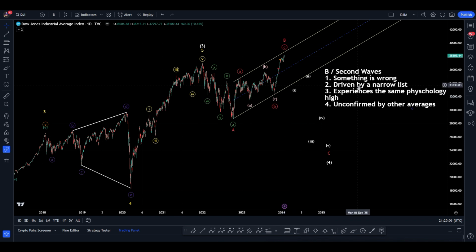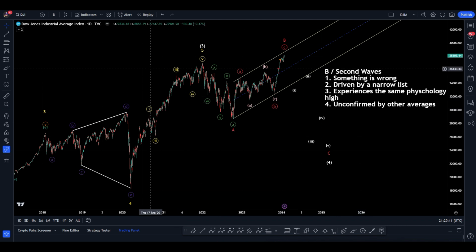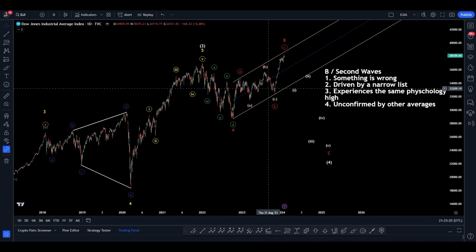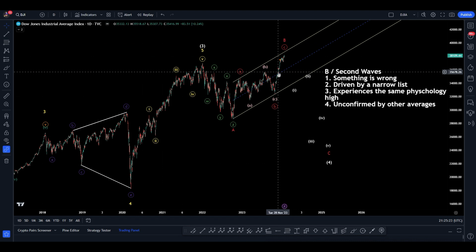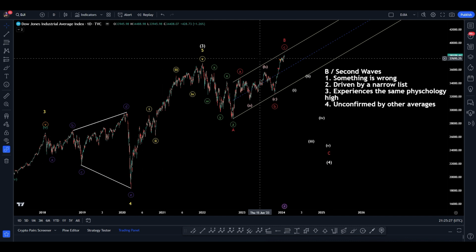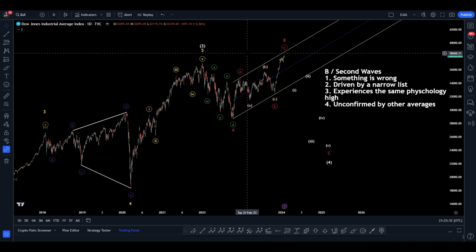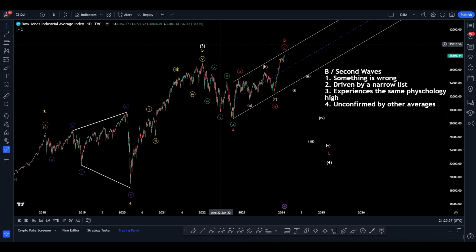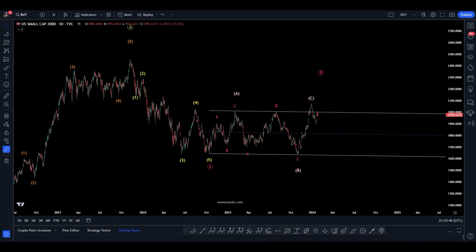The next symptom of a B wave is that it is driven by a very narrow list of stocks. If you can take out, say, the Magnificent 7 stocks, I'll tell you what, let's go look at an index that doesn't contain those stocks and let's see what it looks like, namely the Russell 2000.